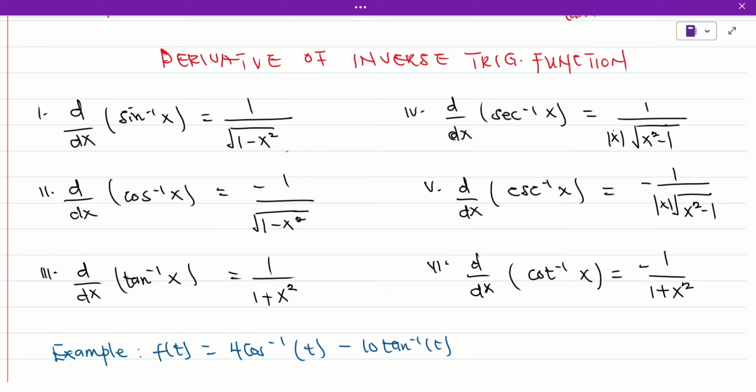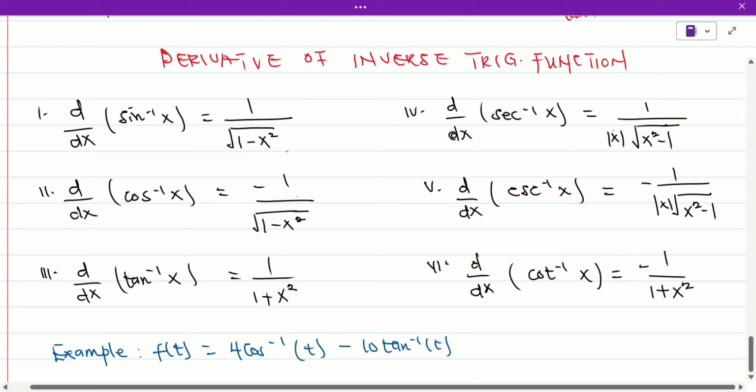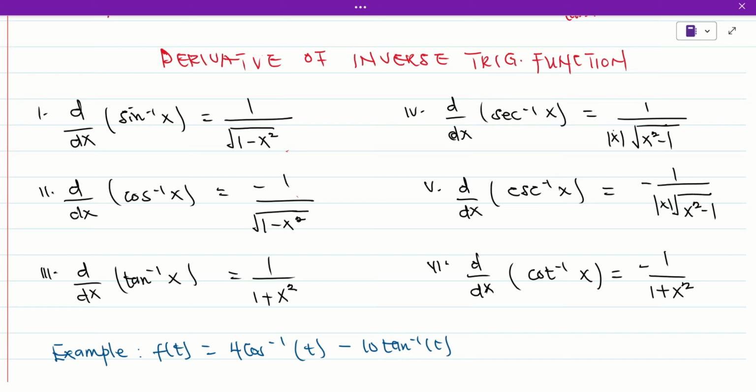And when you differentiate tan inverse of x, you're going to get 1 over 1 plus x squared, okay? When you differentiate sec inverse of x, you are going to get 1 over the absolute value of x multiplying the square root of x squared minus 1. And when you differentiate cosec inverse of x, you are going to get the negative of 1 over the absolute value of x multiplying the square root of x squared minus 1. So here too, the cosec inverse derivative is similar to the sec inverse.